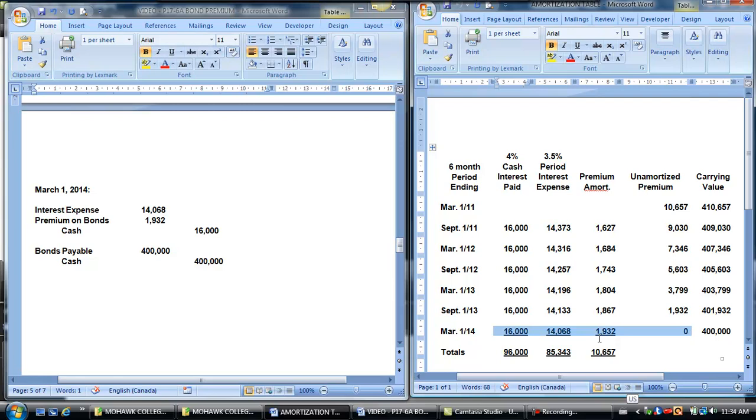We're going to debit our premium by 1932, which is going to fully amortize the premium, and we're going to credit cash for 16,000, leaving our bond at its carrying value, which is now equal to its principal or face value of 400,000. And because the bond's matured, we discharge our obligation by reducing the bond liability, i.e. debiting it for 400,000 and paying out our investors that 400,000 that we owed them in cash.